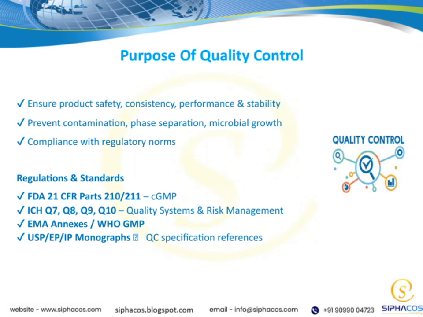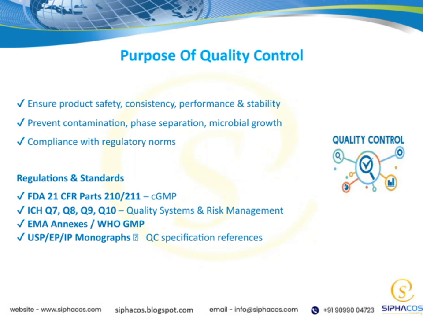Moving on to regulations and standards, there are several important guidelines we need to follow. For instance, the FDA 21 CFR Parts 210 and 211 set the current good manufacturing practices, or CGMP, which are essential for pharmaceutical quality.